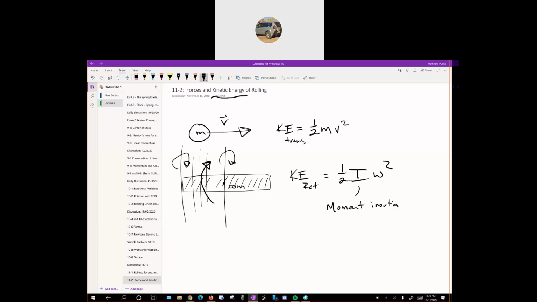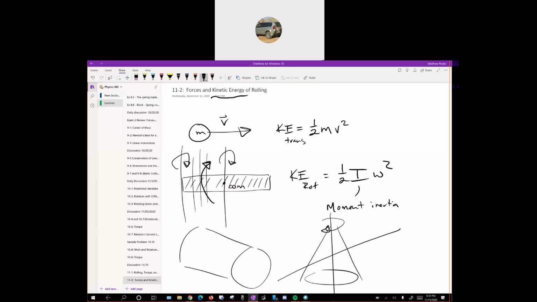And we have a different I for every kind of shape that exists, right? Hollow cylinder, solid cylinder, anything you can think of. Cone. If we want to rotate this, we can figure out what the moment of inertia is. We could rotate it about this if we wanted to, but we'd have to find the I.